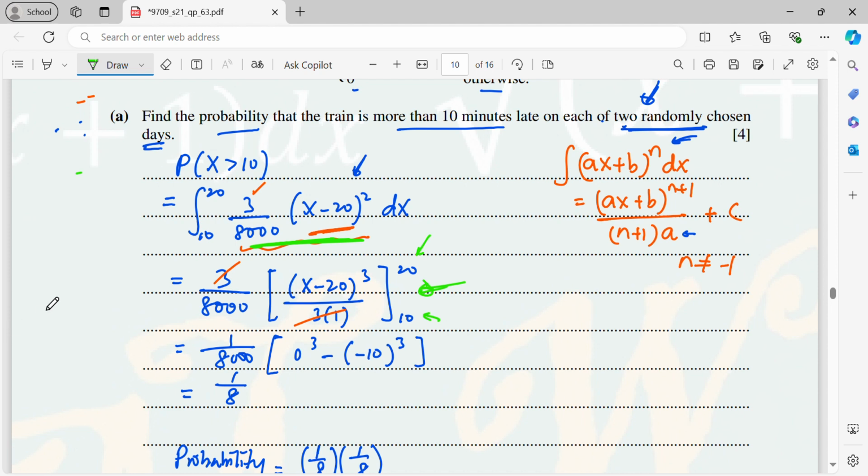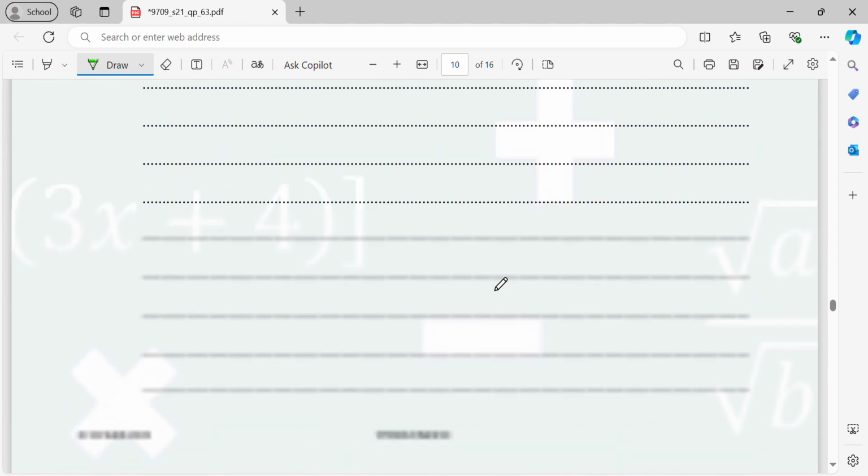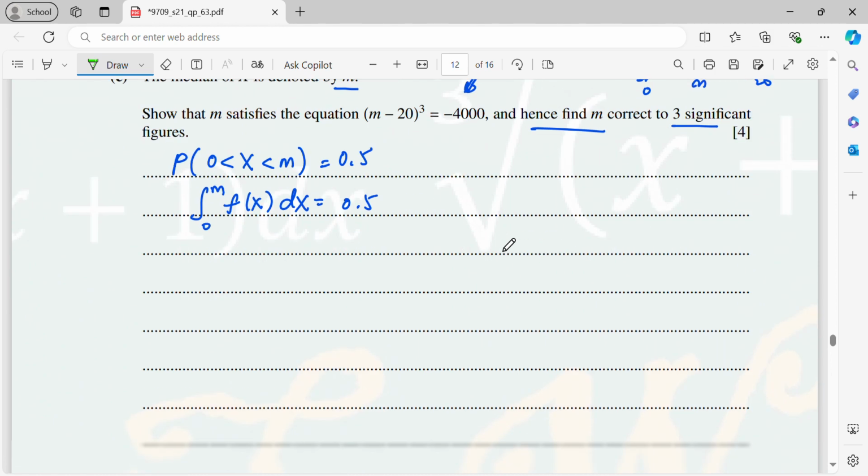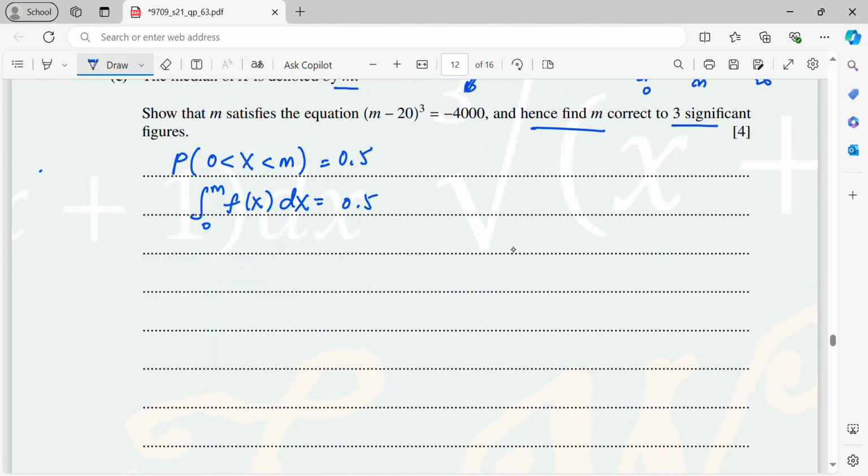Okay, so it will be 3 over 8,000, then copy this, rewrite everything except the limits. So here I will write 3 over 8,000. Then x minus 20 cubed over 3.